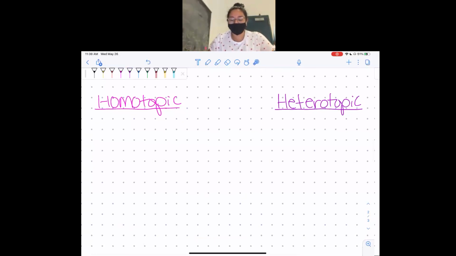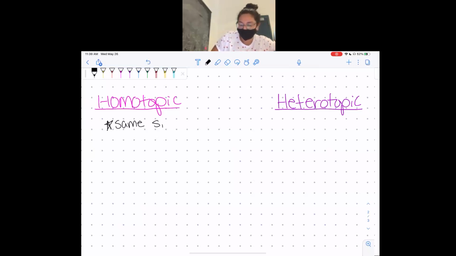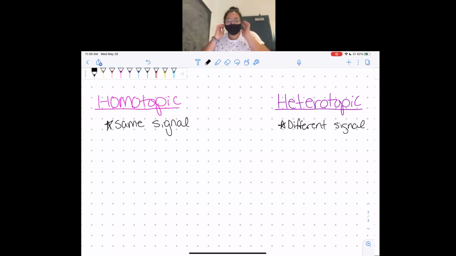So homo and hetero just means same and different. Specifically, when we're talking about signals on NMR, we're going to say same signal and different signal. That's the super bare bones definition.